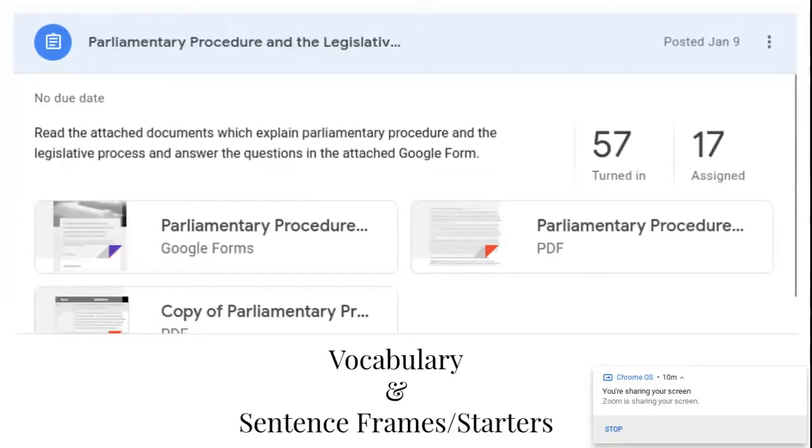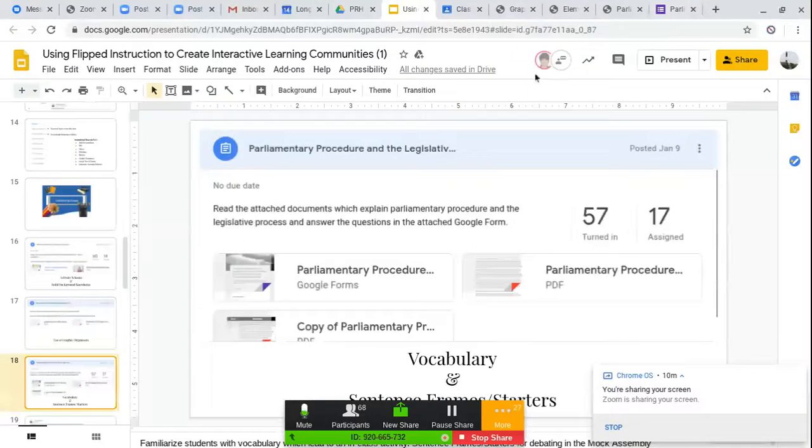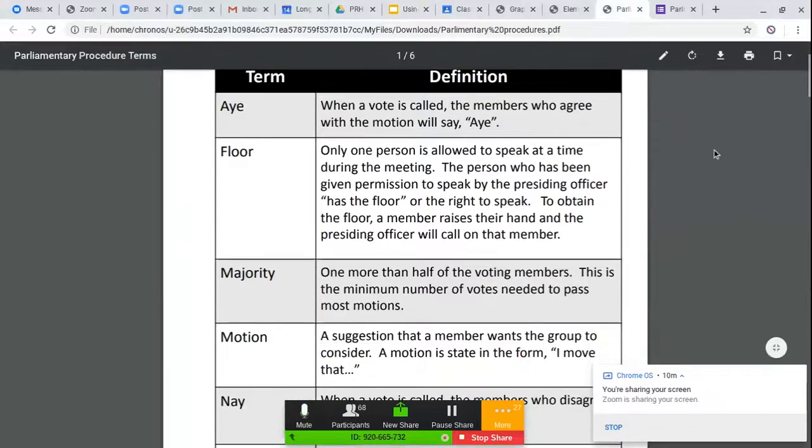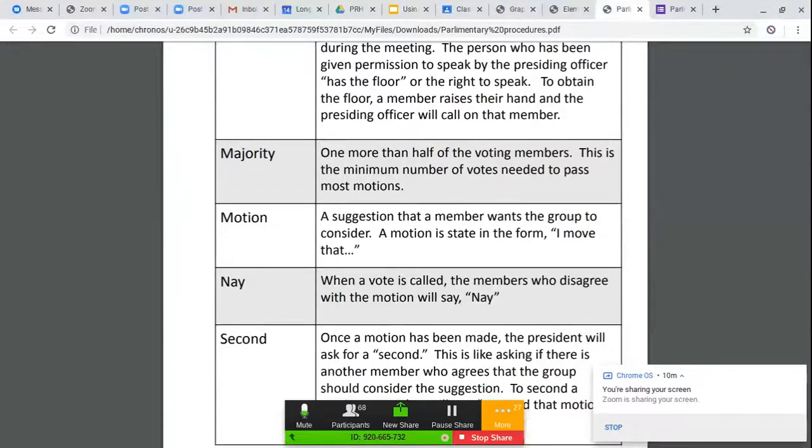We also preloaded them with vocabulary as well as sentence frames and starters. They participate, as we mentioned, in the New York State Assembly mock assembly. And in that, there's certain language that they must use. So we provided that information for them ahead of time, so that when they came back to us in class, we were able to give them five minutes to review their notes and cards.